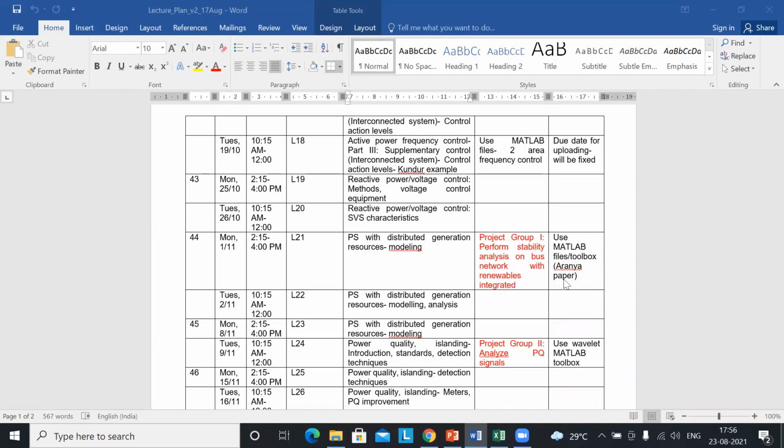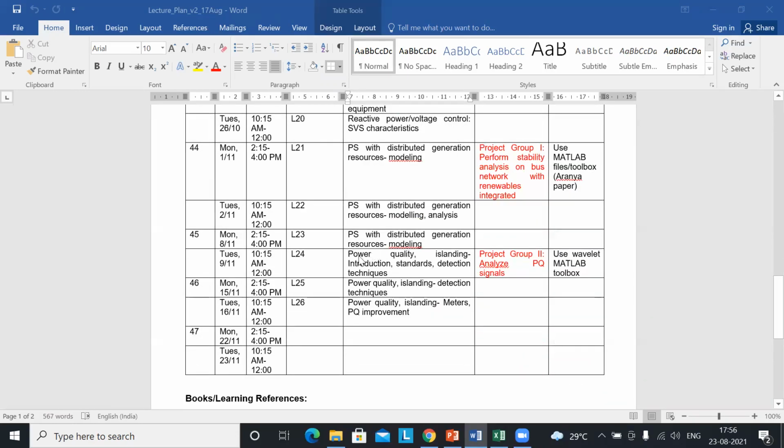I will share with you the MATLAB toolbox, and then we will have some problem definition: what exact problem you have to work on, what analysis you have to work on. With this toolbox, which will be provided to you, you have to perform some kind of analysis on the system.